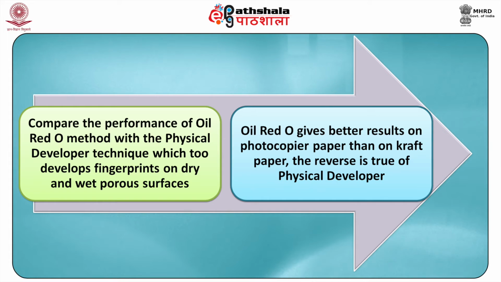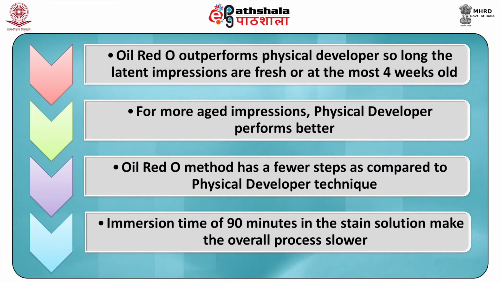Although oil red O gives better results on photocopier paper than on craft paper, the reverse is true of physical developer. Oil red O outperforms physical developer so long as the latent impressions are fresh or at the most 4 weeks old.